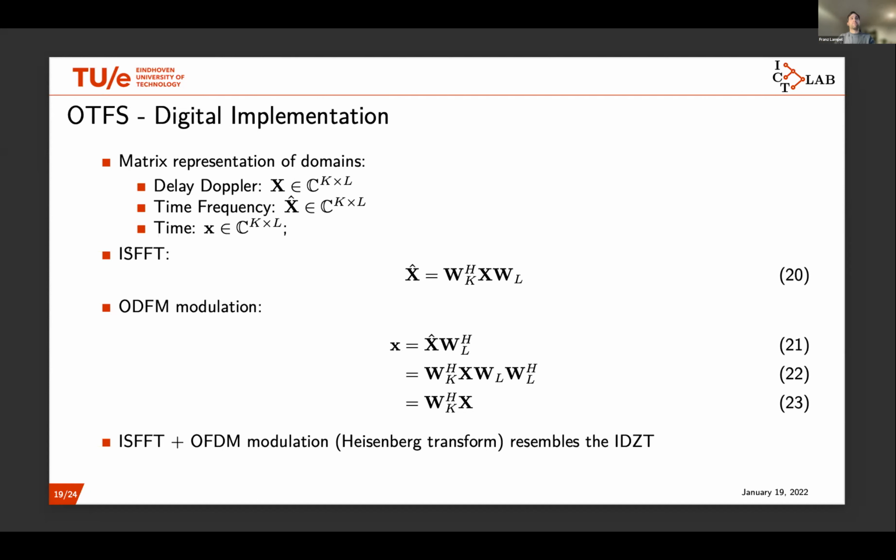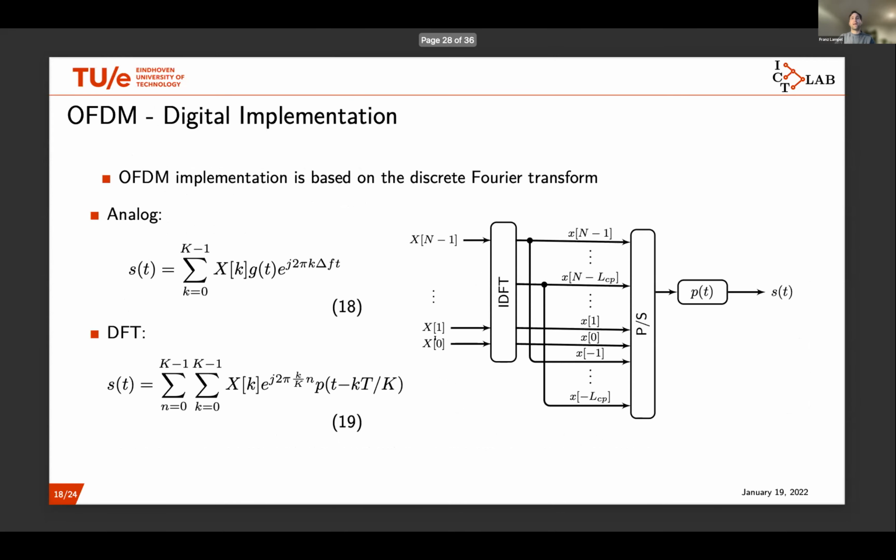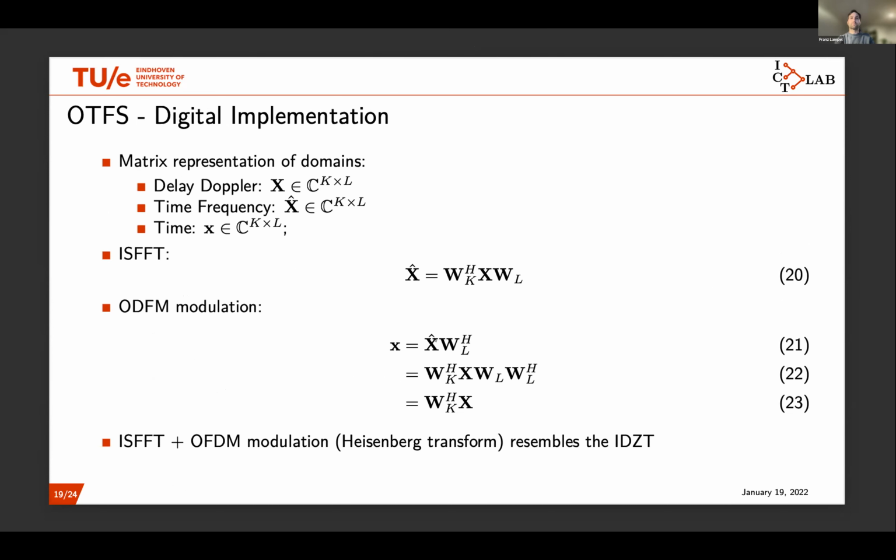When we use this notation, we can see that the inverse symplectic finite Fourier transform is nothing else than applying an inverse Fourier transform to the left of this matrix X in the delay-Doppler domain and a Fourier transform to the right of the matrix X. And the OFDM modulation in this case would then be applying the inverse Fourier transform to the right of this matrix.